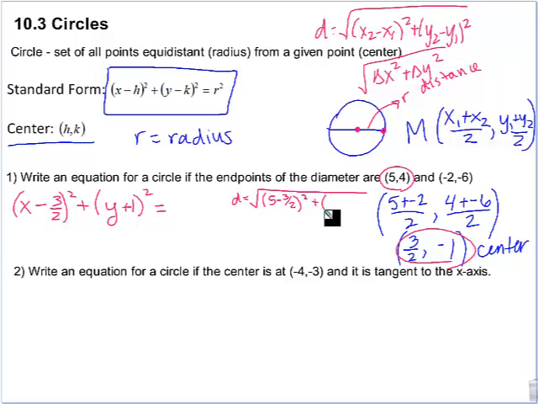So 4 minus -1. We're going to square that. So 5 minus 3/2. You have a question, Josh? No, as long as you do the same order for both of them, it doesn't matter which one you do first. So 5 minus 3/2, what does that end up being?